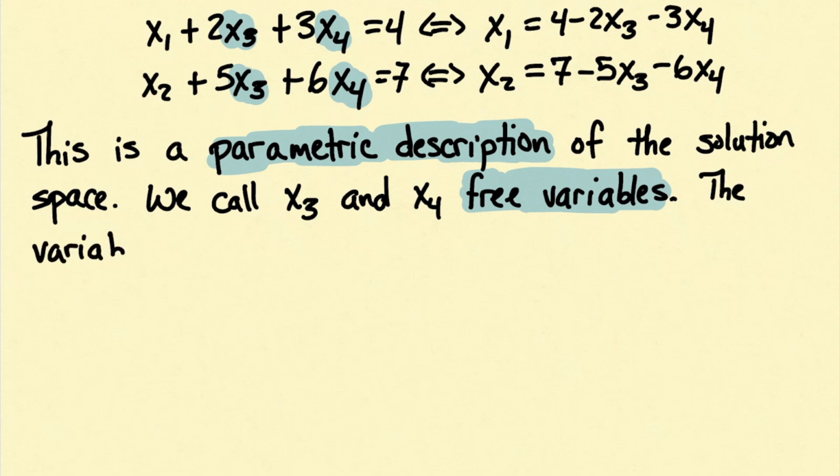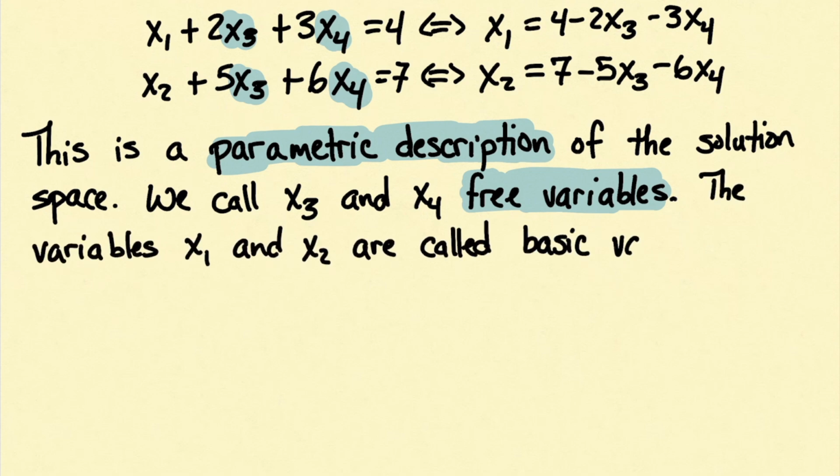The remaining two variables, x1 and x2, are called basic variables. These two variables depend on the choice of values for x3 and for x4.